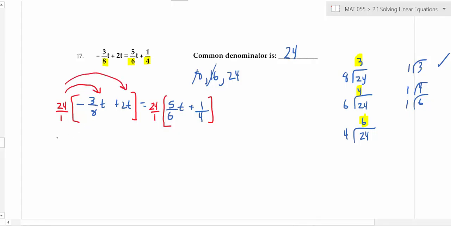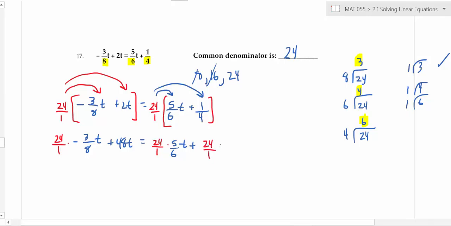So we're going to have 24 over 1 multiplied by negative 3/8 t. Then we're going to have 24 times 2t. You can do that one in your head, is plus 48t. Bring down the equal sign. Now we're going to do this times this. So we're going to have 24 over 1 multiplied by 5/6t plus, now do it this way, 24 over 1 times 1/4.